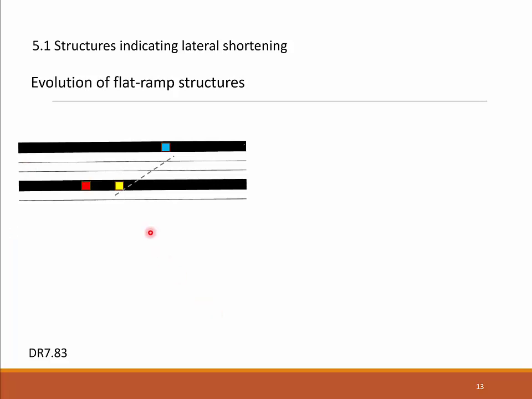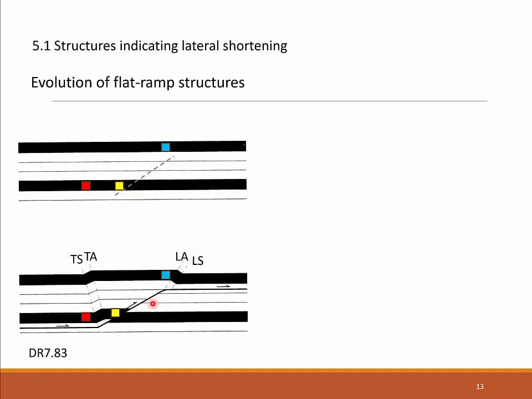Let's see what happens if we start tectonically using this ramp structure. We see here that instantly the trailing syncline and the trailing anticline form, and also the leading syncline and anticline are forming here in the upper part at the beginning of the upper flat fold structure.